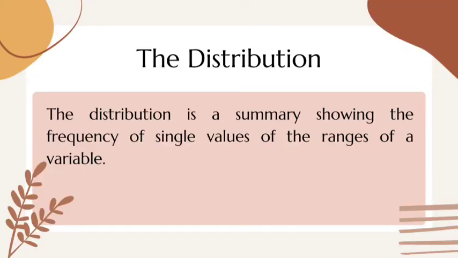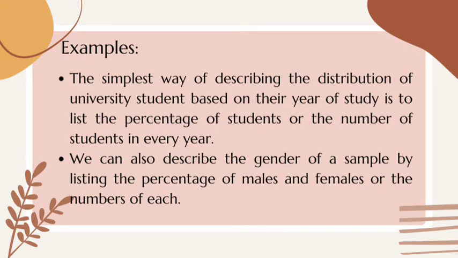It is a summary showing the frequency of single values of the ranges of a variable. A simple distribution table will list all their values against the number of persons or units each of them had. For example, the simplest way of describing the distribution of university students based on their year of study is to list the percentage of students or the number of students in every year.